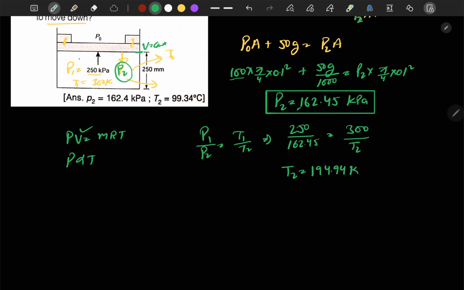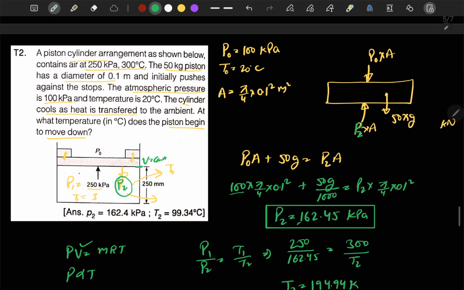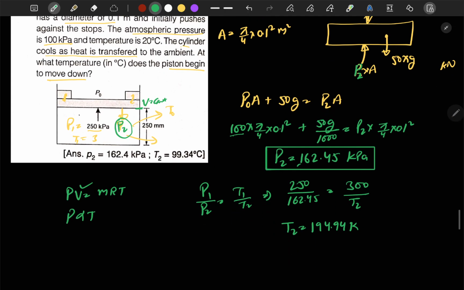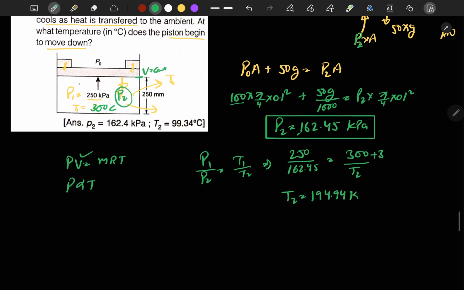Okay, one slight correction here. This temperature is mentioned as 300 degrees Celsius, and I mentioned it in Kelvin by mistake. Since it is 300 degrees Celsius, this will be 300 plus 273 in Kelvin.